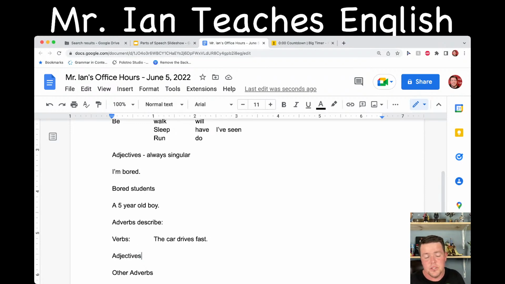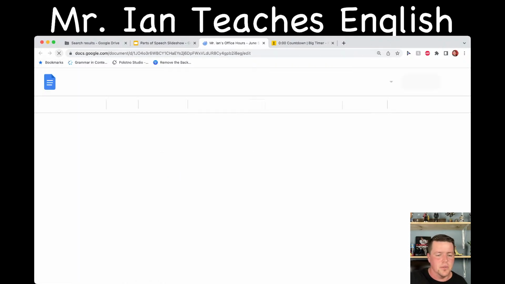Now, we also might use an adverb to describe adjectives. Let me change it slightly because I want to make sure I'm very clear with this.